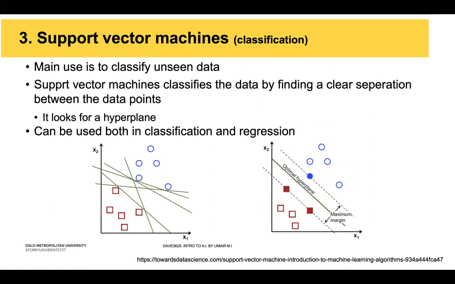Okay, so the next algorithm in classification machine learning would be support vector machines. Now, the most important thing about a support vector machine is that it tries to classify the data by creating a lot of hyperplanes.